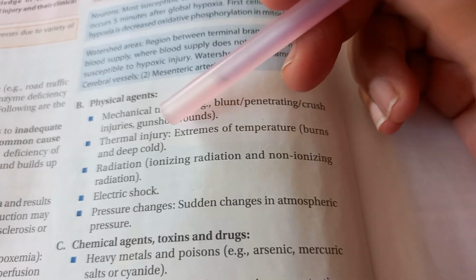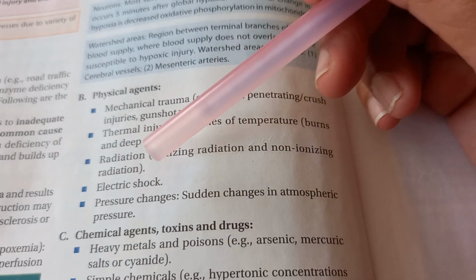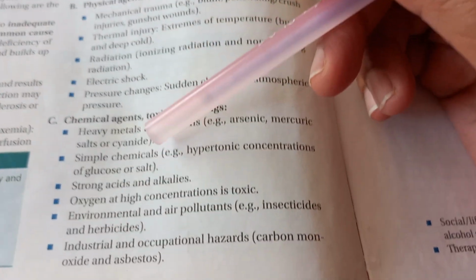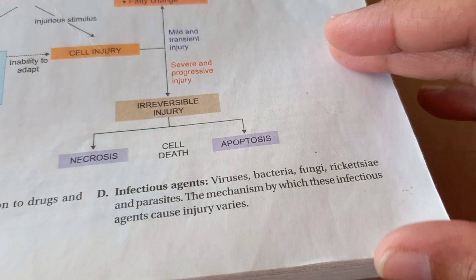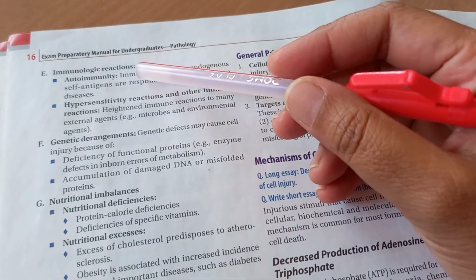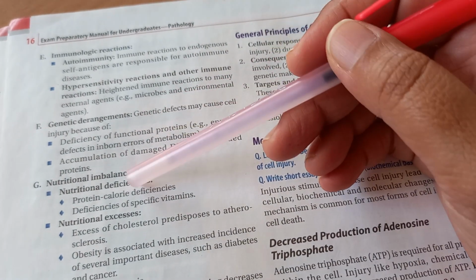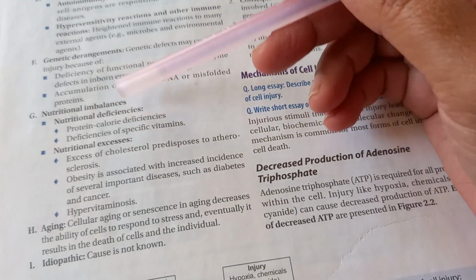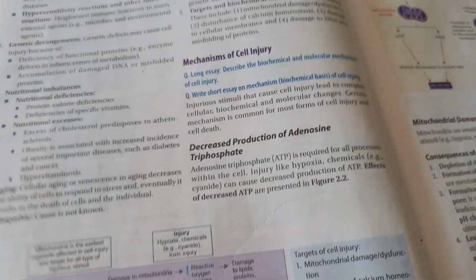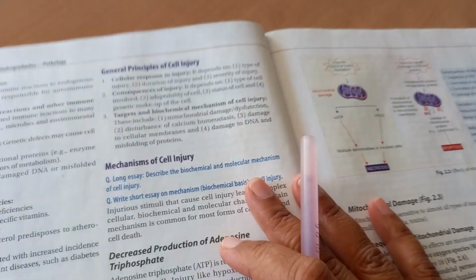Then mechanical trauma, thermal injury, radiation, pressure, electric shock, and chemicals can cause injury. Infection can cause cell injury. Then immunologic, autoimmunity, genetic derangements, nutritional imbalance, aging, idiopathic. Always write idiopathic in any cause.